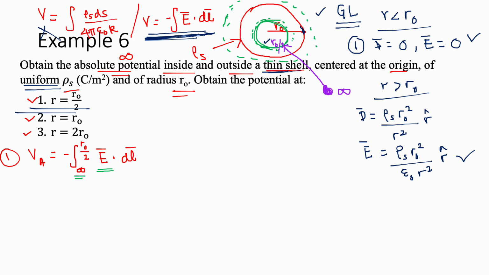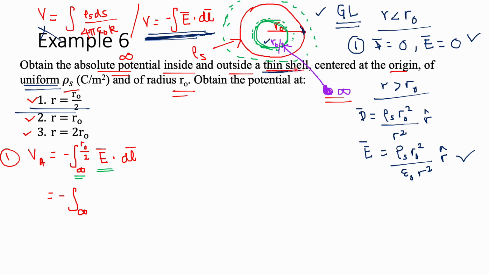So this is something you need to pay attention to. Your E will become, from the infinity, before it reaches r naught over 2, it will reach the surface of this sphere.